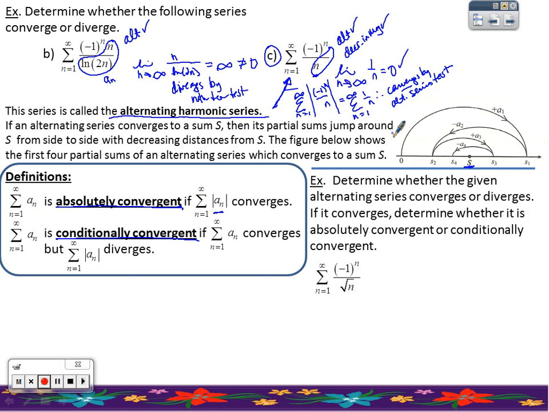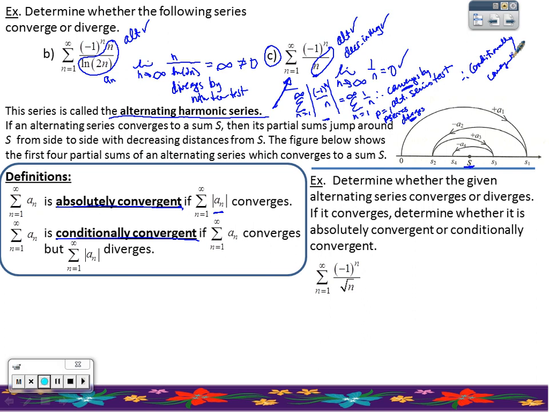And we know that that is a p series, right? P is 1. And by p series, does this converge or diverge? It diverges. So since the alternating series converges and the absolute value of the alternating series diverges, this particular series is called conditionally convergent.